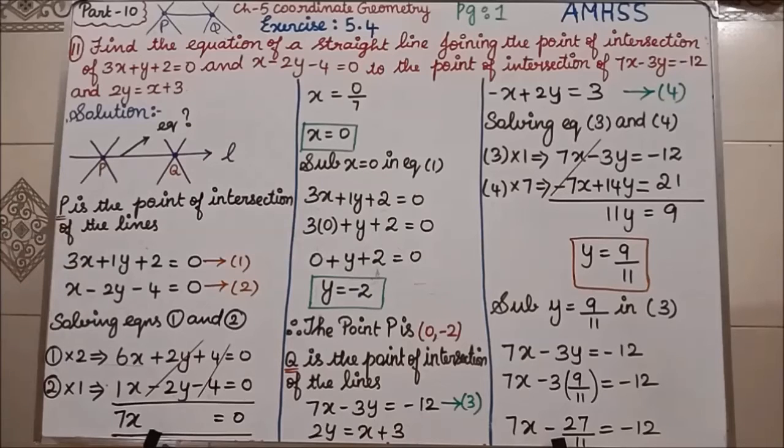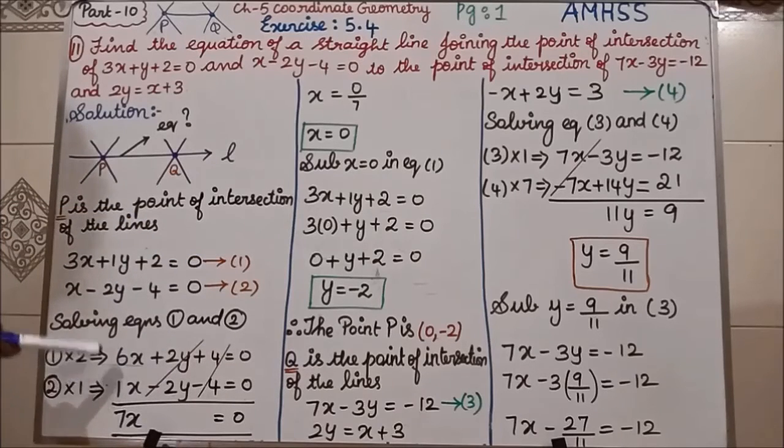You will get the same x variable and you can cancel. So if you want to cancel the y variable, you take this 2 and multiply with equation 1, and take this 1 and multiply with equation 2.